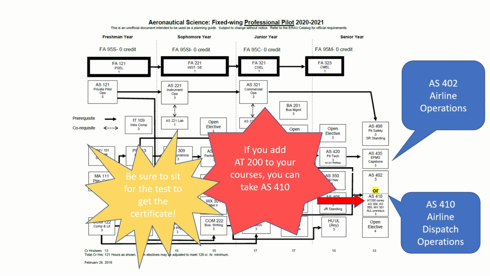This will allow you an opportunity to get a dispatch certificate so that in the future, if you ever needed to potentially lateral into a dispatch position for your airline, you have that opportunity to choose that option.